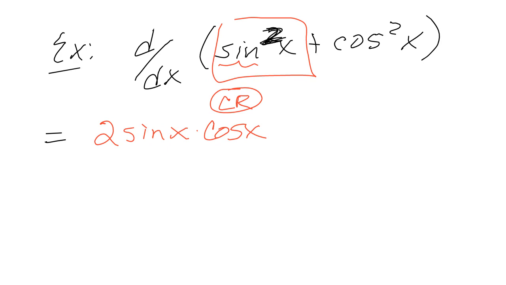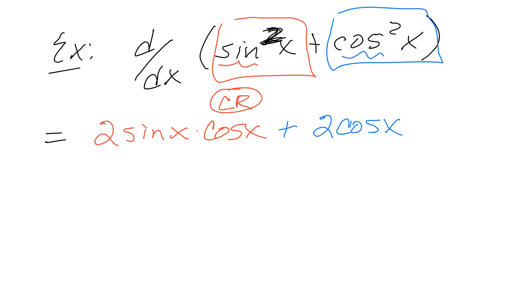And then cosine quantity squared, I can do the same type deal. This is cosine of x quantity squared. So act like it's okay. It's 2 cosine to the first times the derivative of what's inside, and the derivative of cosine is minus the sine, right?